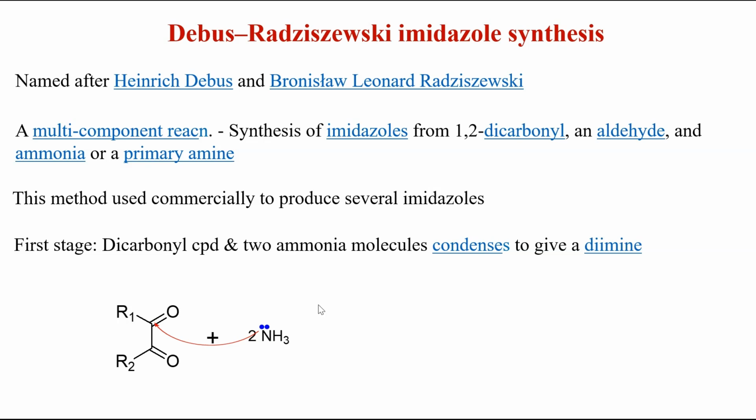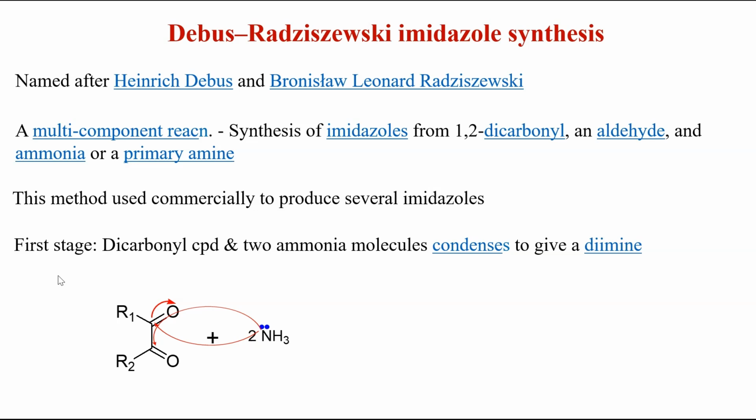The lone pair of electrons attacks the carbonyl carbon and forms a bond. Once it forms a bond, the carbon becomes pentavalent, which is again unstable. To maintain its stability, the pi electrons in the carbonyl shift towards oxygen and it becomes O minus. It combines with H plus from the reaction medium and gets converted into OH.